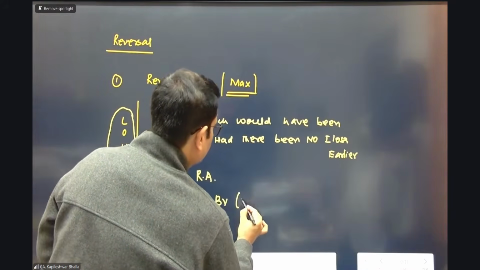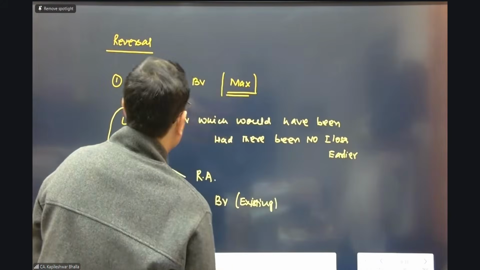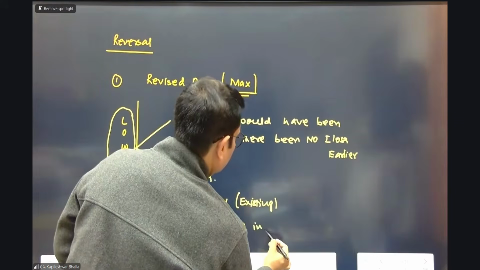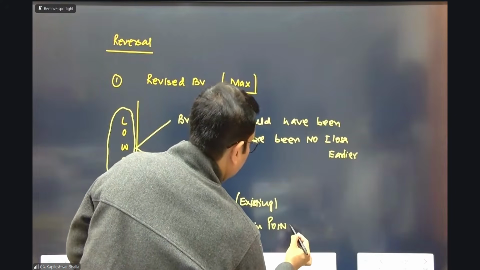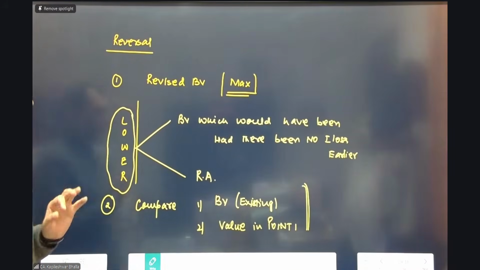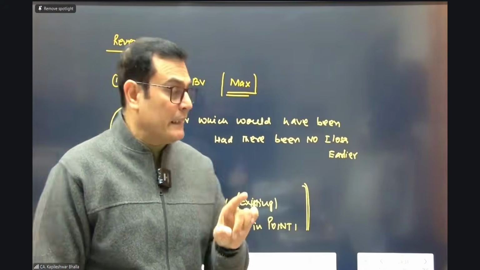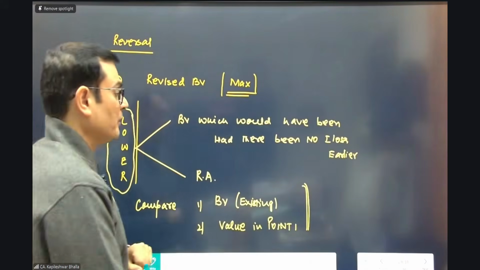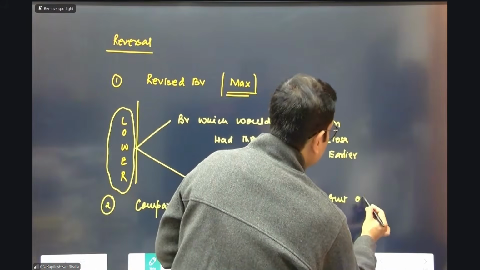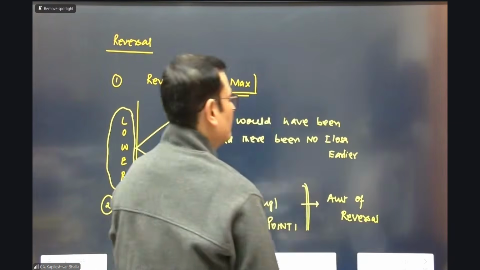The book value, which is the existing book value, and you need to compare this with the value in point number one, and that will decide the reversal. You compare the book value which is in the books already with the value in point one, and then this will decide the amount of reversal. Because reversal will be restricted to the maximum of this.